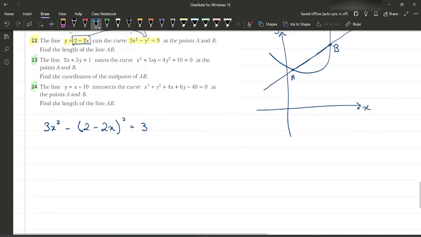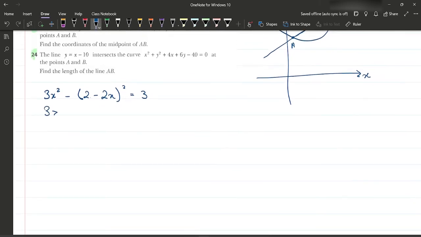Now let's use the technique that we just learned. This is an x. So we know that this is going to be 4, and minus 2 times 2 times 2, which is 2 times 2 is 4, minus 4 times 2 is minus 8, and don't forget the x, then plus 4x squared equals 3.